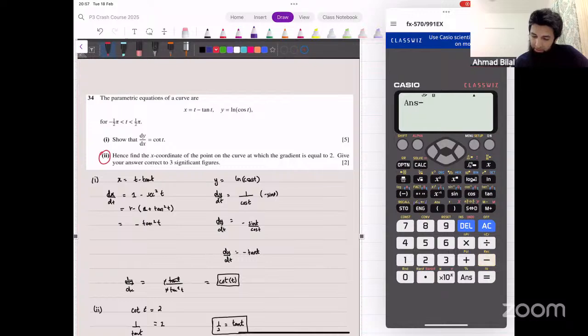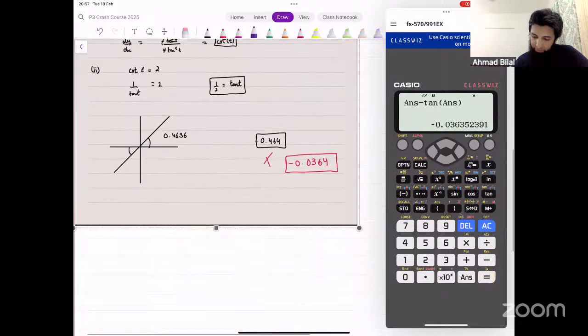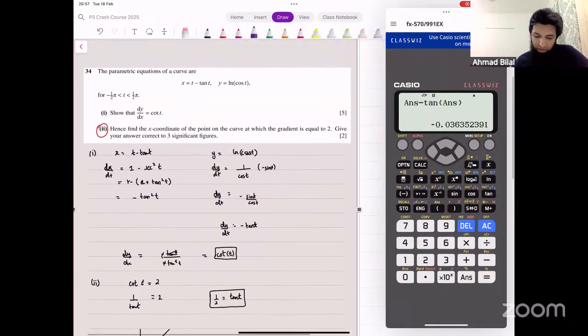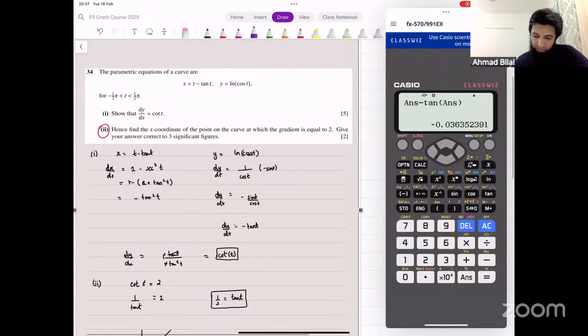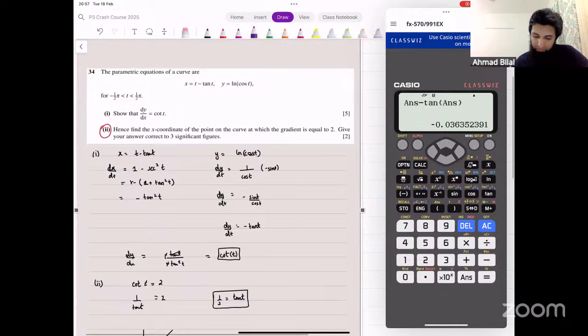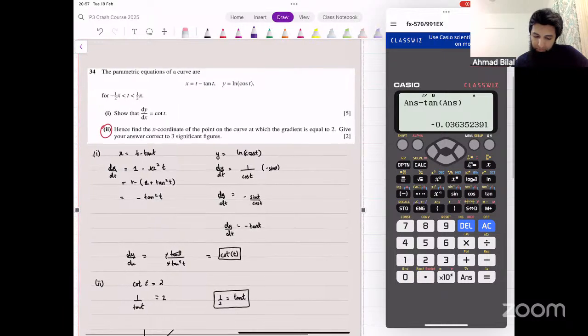T minus tan of answer minus 0.0364, at which the gradient is equal to 2. So let's input this in the gradient.